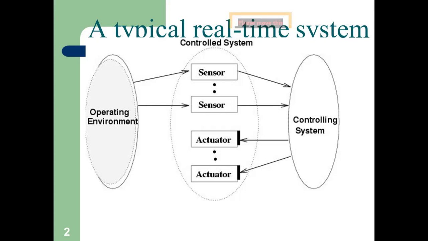One good example: suppose we want to control the frequency. In India we are using a frequency of 50 hertz and it remains under control. We cannot change or vary the frequency. This is the fixed one, and with the help of the real-time system we control it.